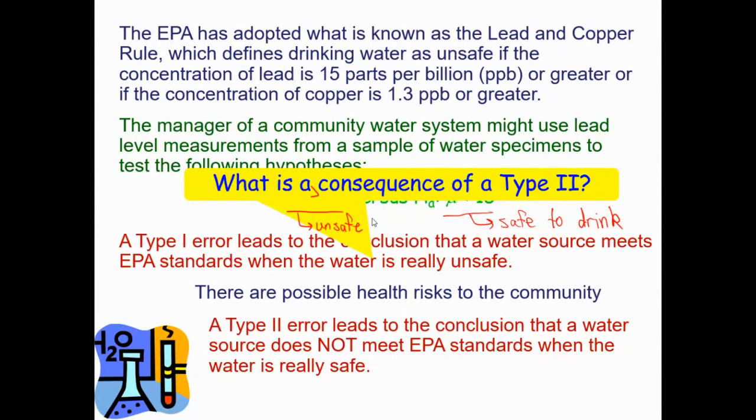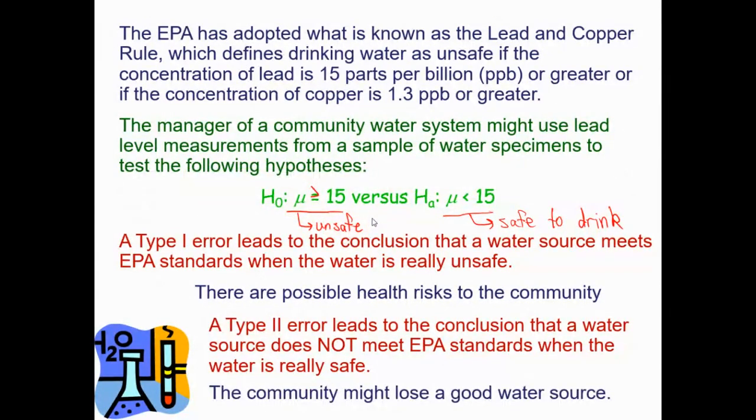What could be a consequence of this kind of error? Well, I think they'd outsource water. We're not going to go quite that extreme, Will. I don't think the city's going to let everyone die of dehydration. They're going to have to outsource their water, and they could lose a good water source and pay more money in the process. So then they're losing more money.